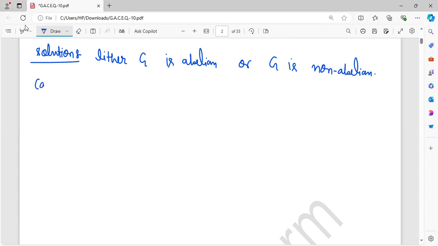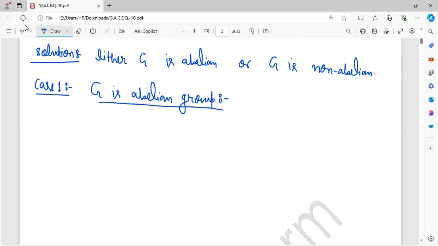So we are taking case first. Case first, we are taking G is abelian. So G is a group, it is given. So G is an abelian group.